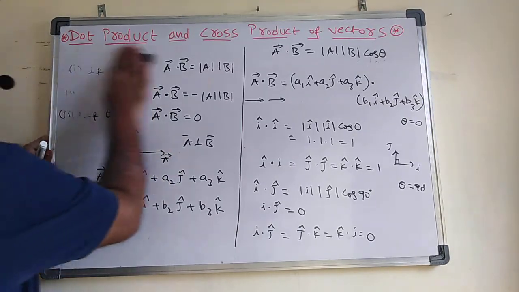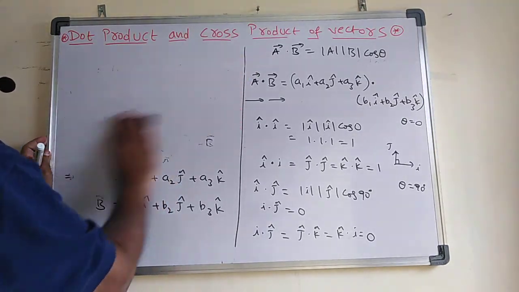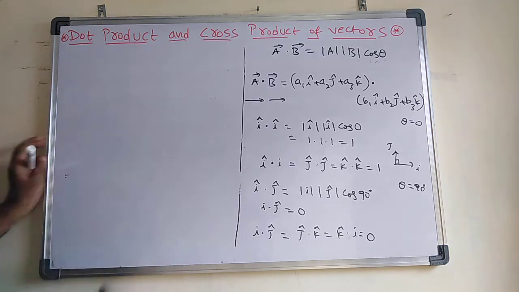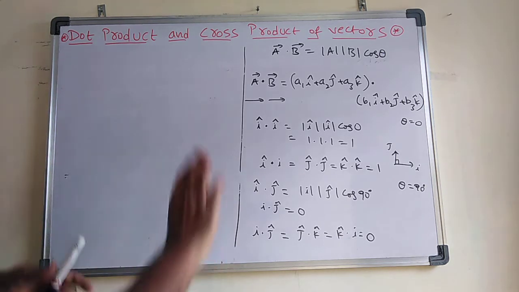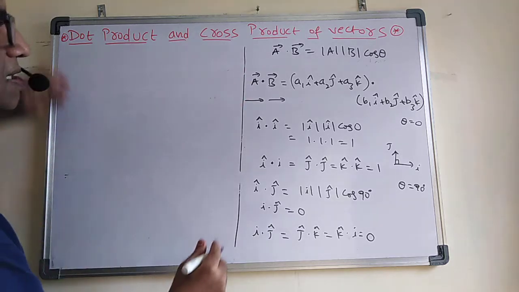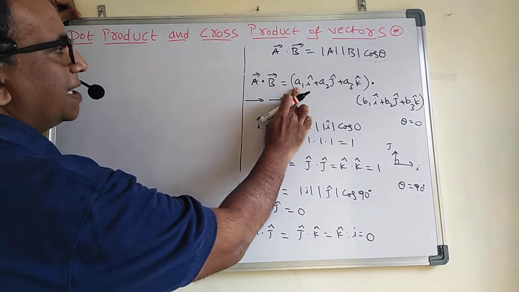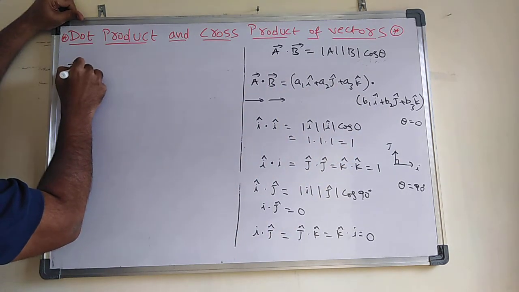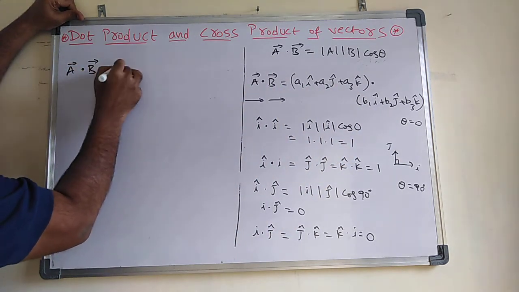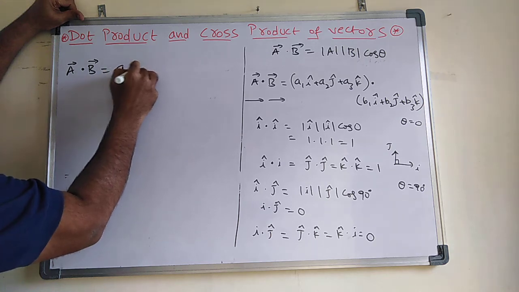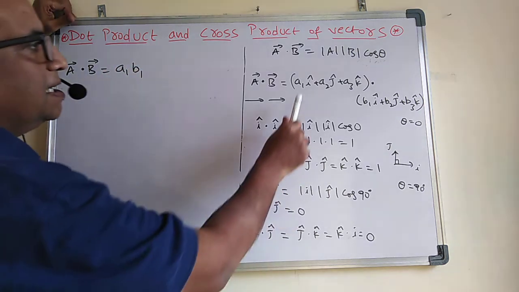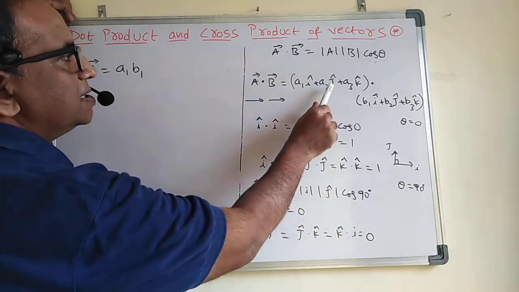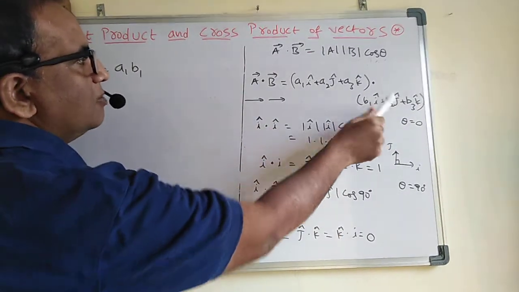Then carefully observe what I can write here. When you are doing this dot product, let us multiply A1 i cap into B1 i cap. Then A dot B is nothing but A1 B1. Then when you do i dot j it is 0, i dot k 0. Then again j dot i 0, j dot j 1.